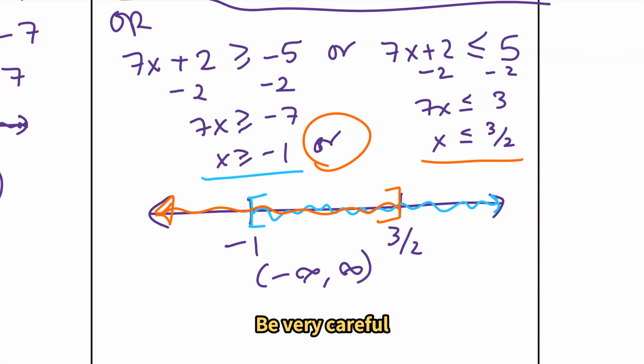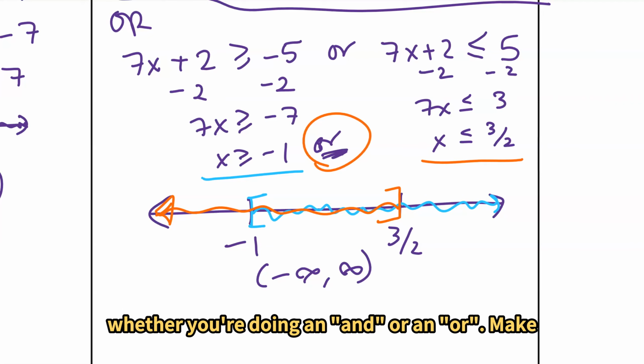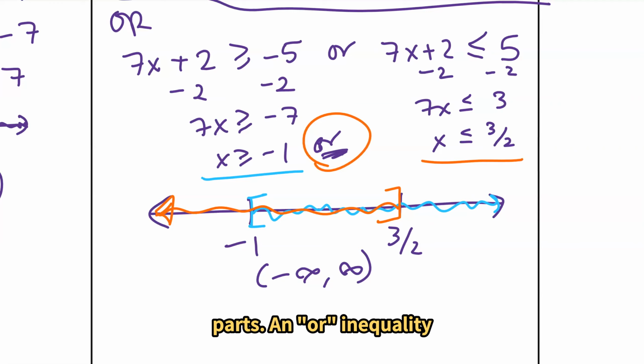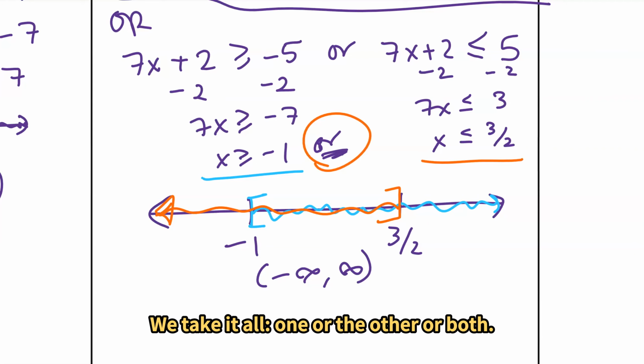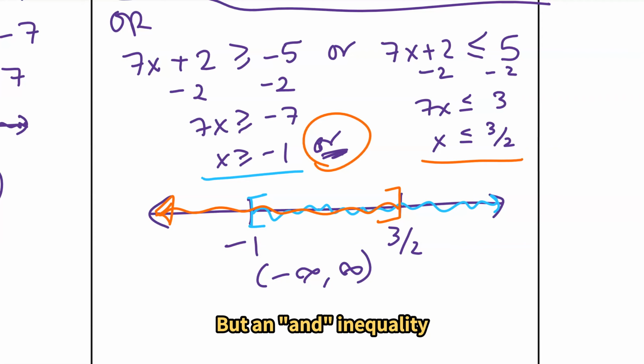I say this to you as a caution. Be very careful when you're solving these so that you pay attention to whether you're doing an AND or an OR, and make sure that you're selecting the right parts. An OR inequality takes everything that's colored by both inequalities. We take it all, one or the other or both. But an AND inequality only takes what's double colored.